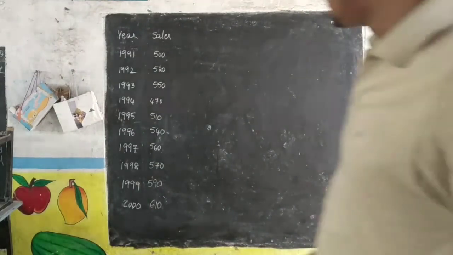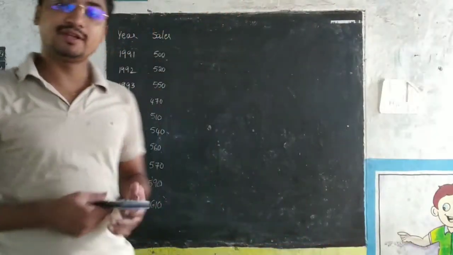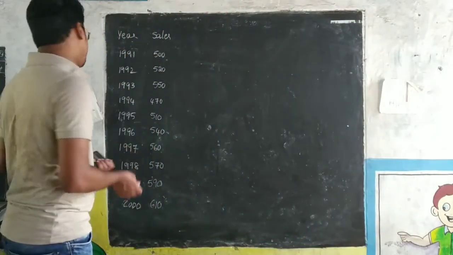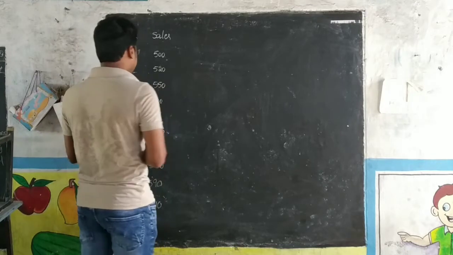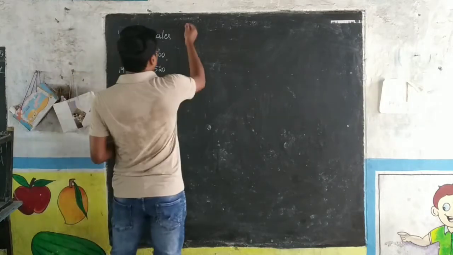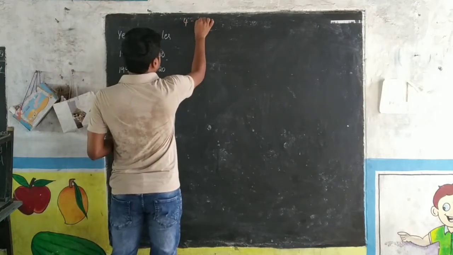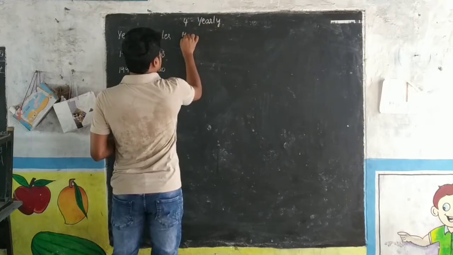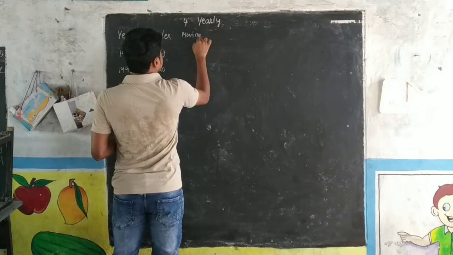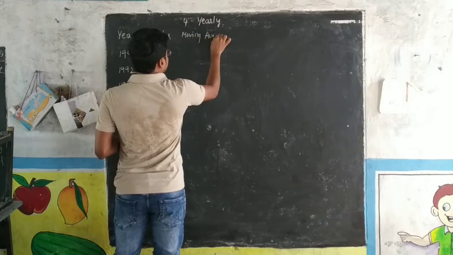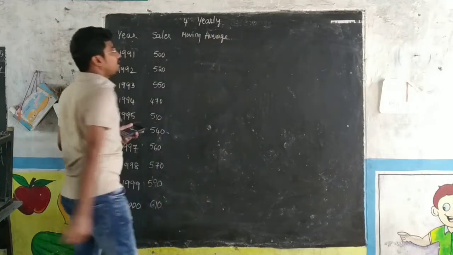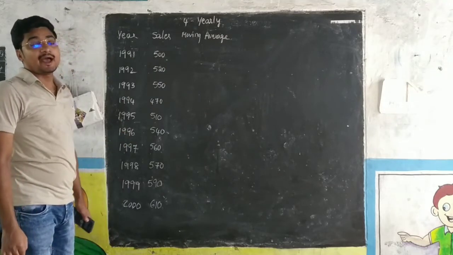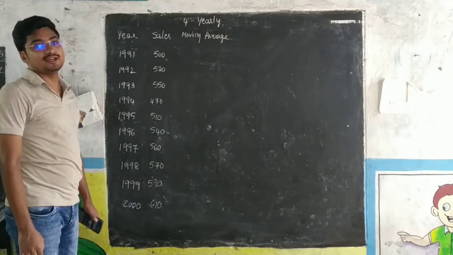Given data. First question is the 4 yearly moving average. Average of the first 4 years sales.